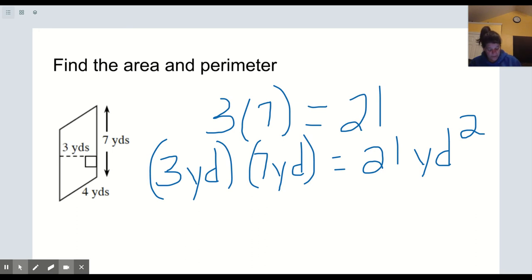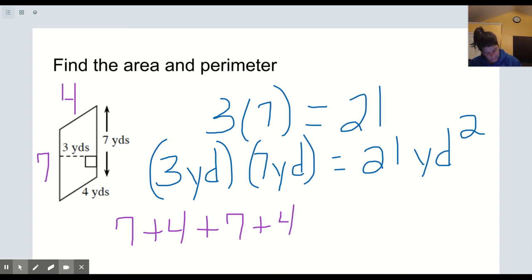And then when I am going to find my perimeter, in a parallelogram, opposite sides are the same length. So this is 7. And then across from the 4 side is also 4 over here. And then I can add them up. So I can do 7 plus 4 plus 7 plus 4 to get 22.